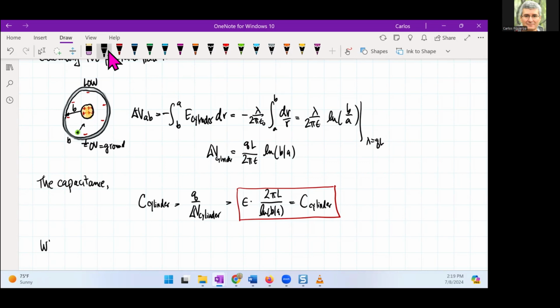We should say, what are the differences between a parallel plate versus a cylindrical cap?